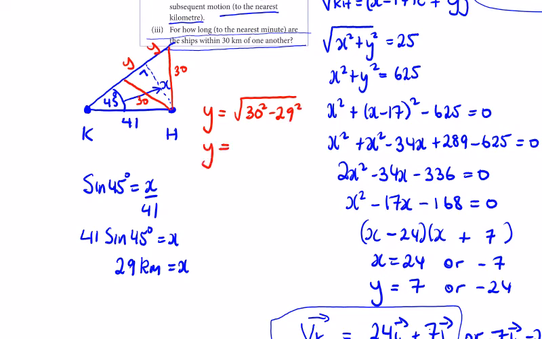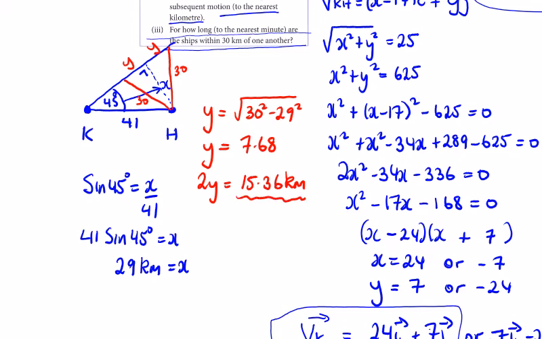So y is 7.68. So 2y is 15.36 kilometers.